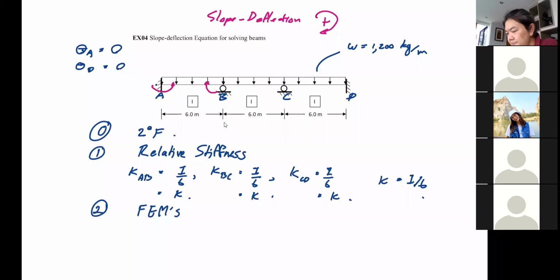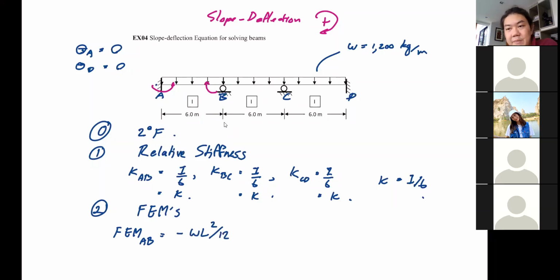So if I calculate the fixed end moment at A, FEMAB, look at the direction, it is counterclockwise. So this is minus WL squared over 12.